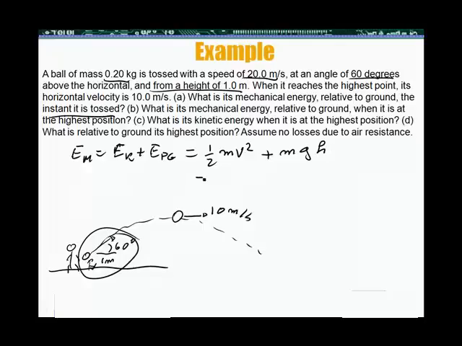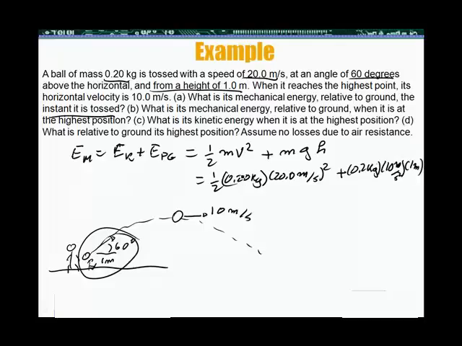So we can just plug in these. That's going to be 1/2 times the mass 0.2 kilograms times 20 meters per second squared. That would be my kinetic energy, plus 0.2 kilograms times 10 meters per second squared for g, times 1 meter for the height.